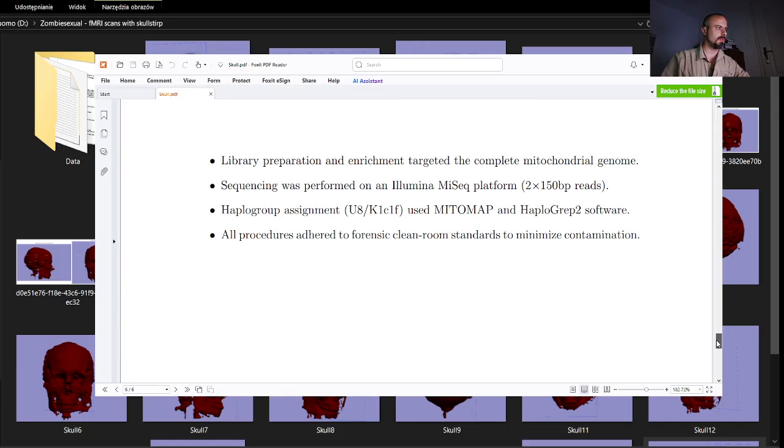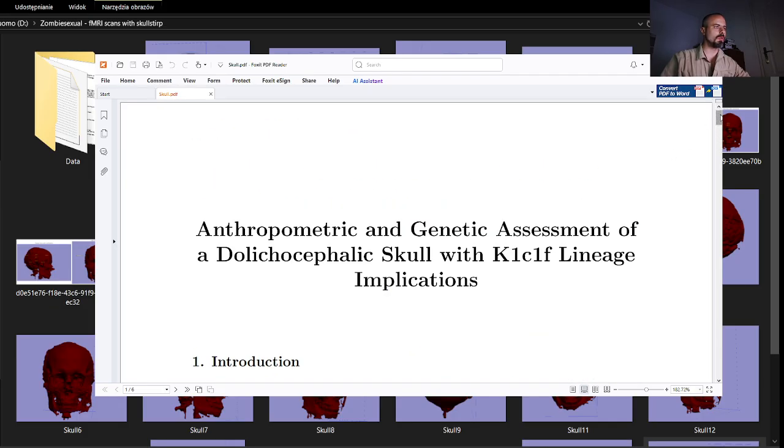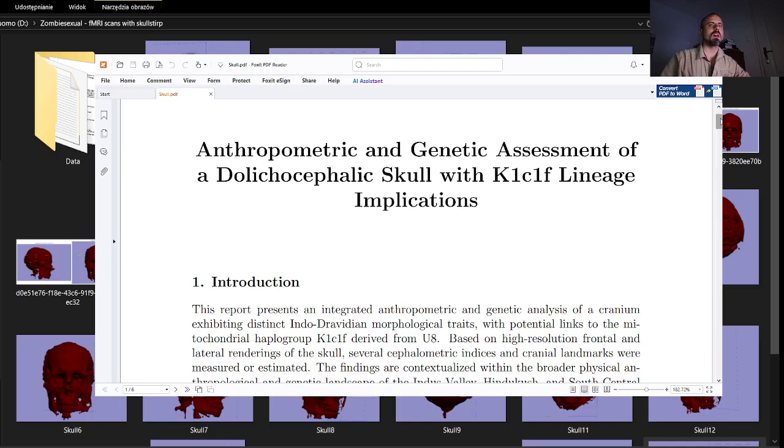So this is the information here. MitoMap information is not available here, although there are plenty of free tools that you may use online. Okay, so what do we have here?